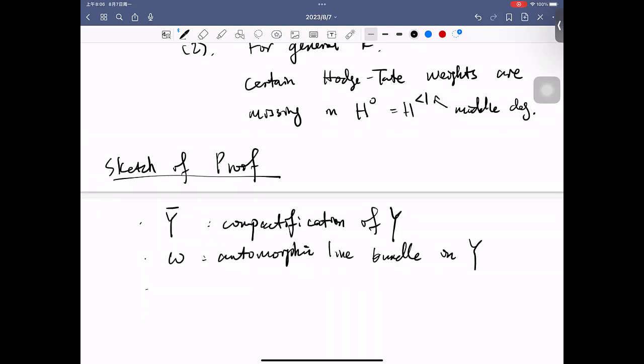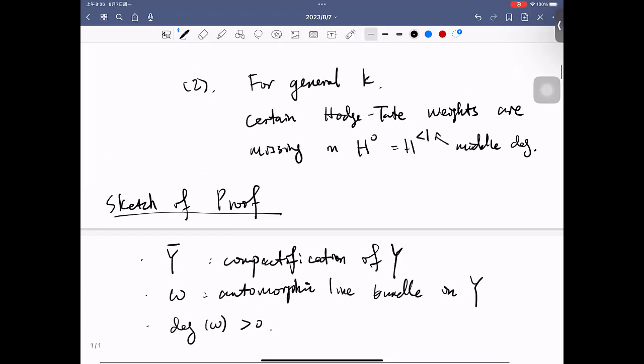And the only thing we need to know about this line bundle is that actually it's positive.